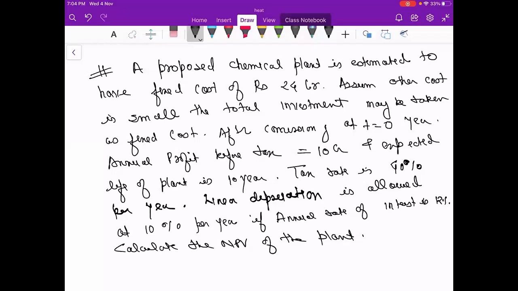Perpetuity means indefinite time. NPV for indefinite time. Yes, total investment, you are correct. Just read the question properly, okay? Interest is the amount which is used specifically for the banking system. Rate of return you can apply for any business.